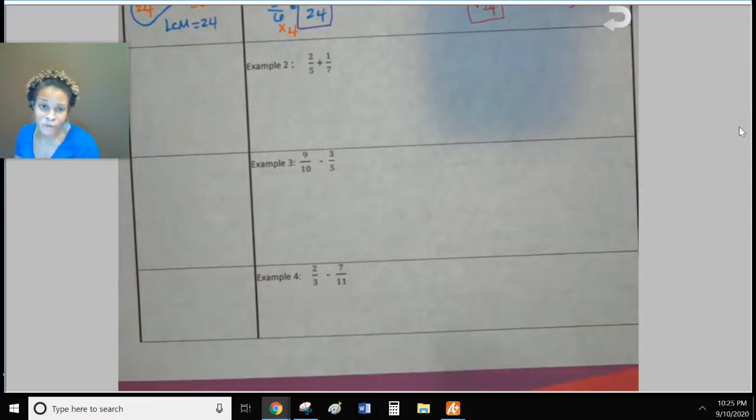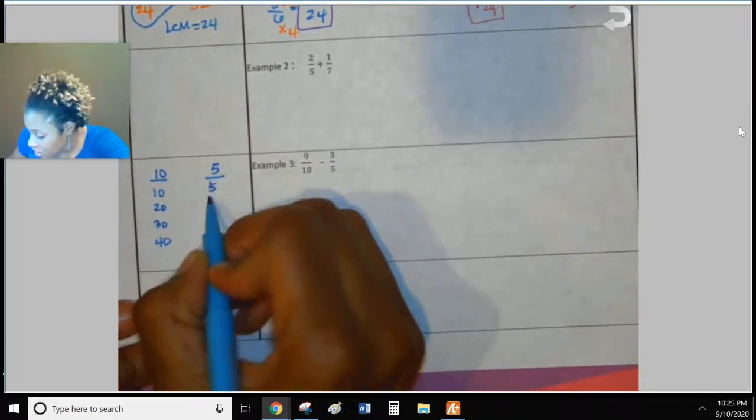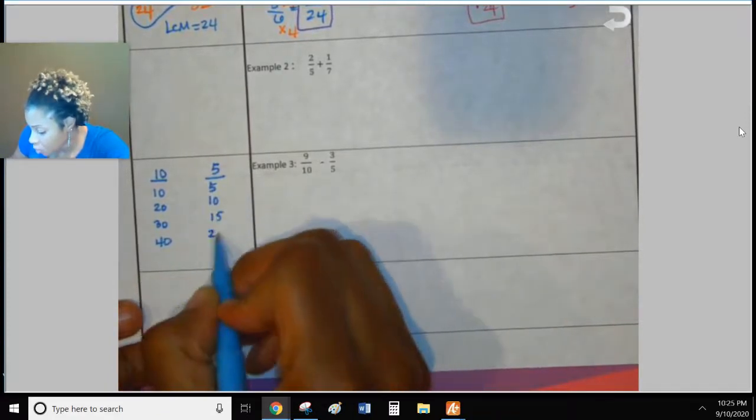Example 3, 9/10 minus 3/5. First thing, do they have a common denominator? Nah, they don't. So I need to list out some multiples. 10 and 5. 10, 20, 30, 40. 5, 10, 15, 20.